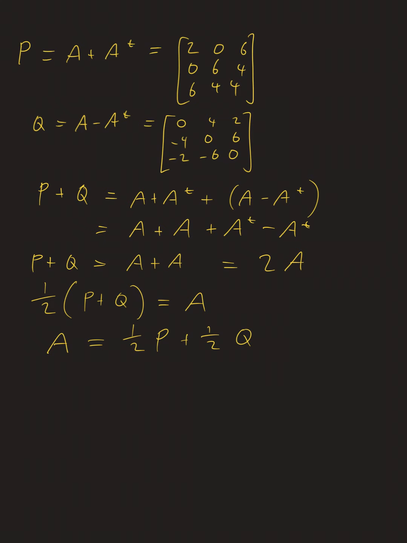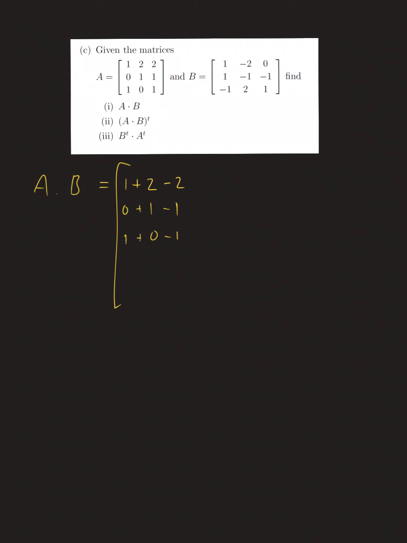Now I'm going to go to the second column. Again I'm going to go first, second, third row by the second column. So 1 times minus 2 is minus 2, 2 times minus 1 is minus 2, and 2 times 2 is 4.